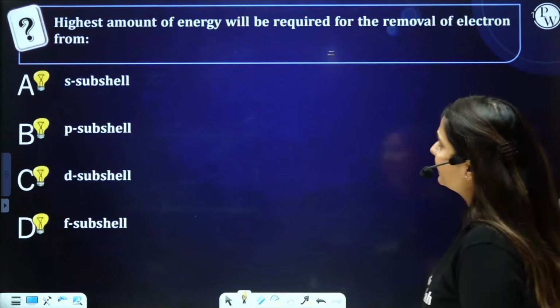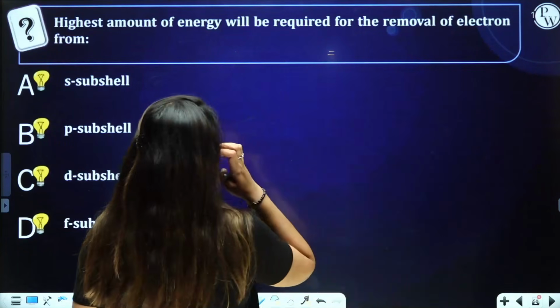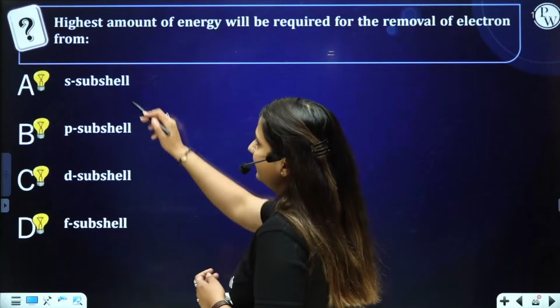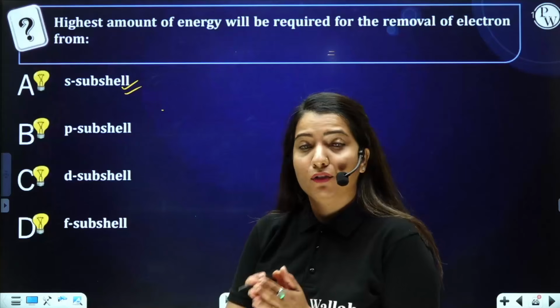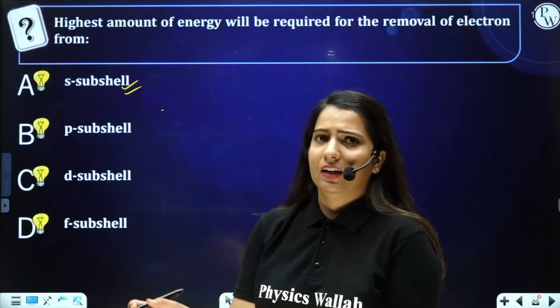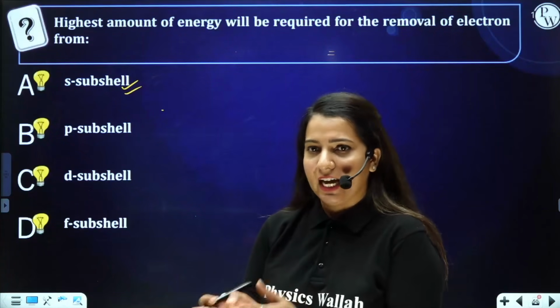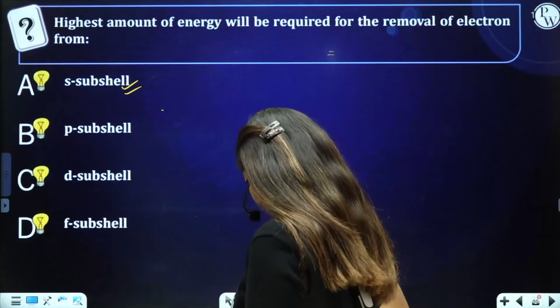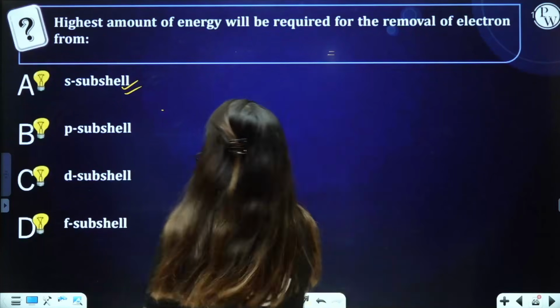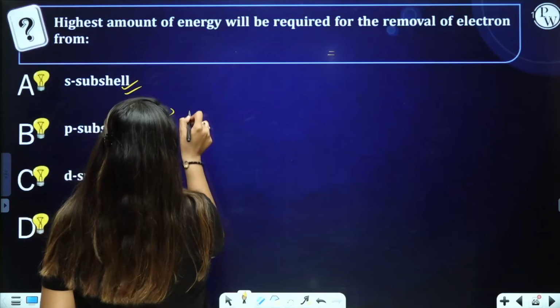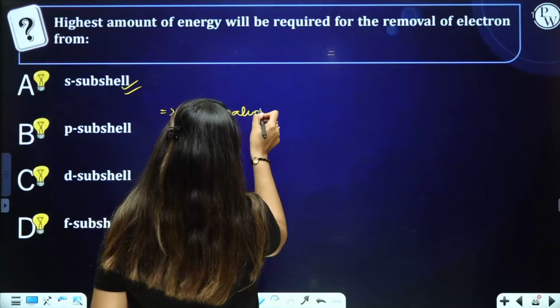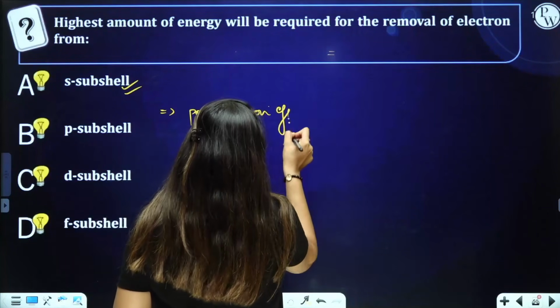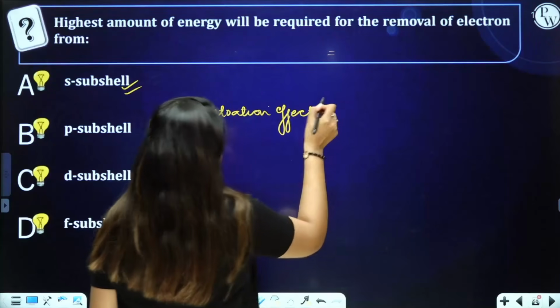Next we have: highest amount of energy will be required for the removal of electron from. See, the answer will be S. This is based on a factor which we never consider when we are solving the questions of ionization enthalpy. There is an effect which is known as penetration effect.